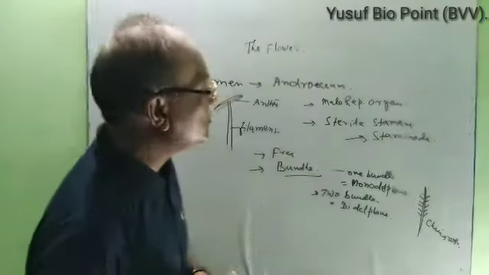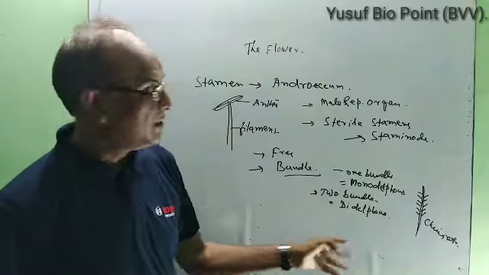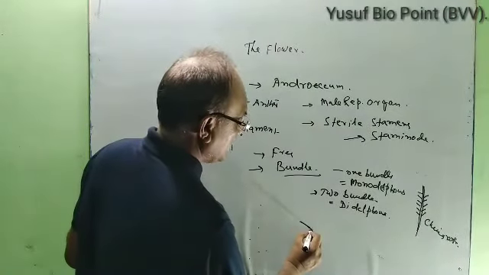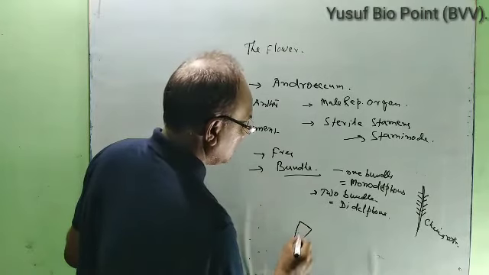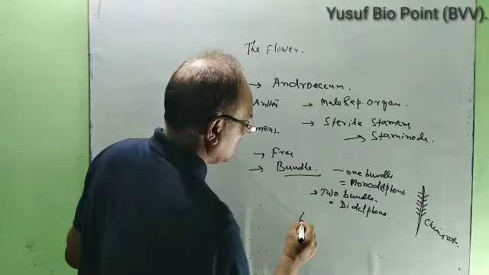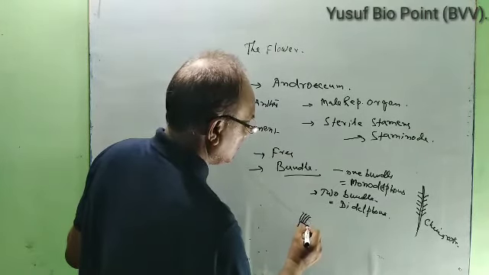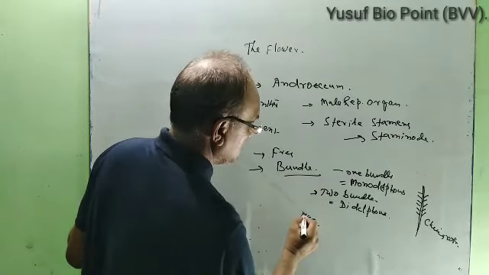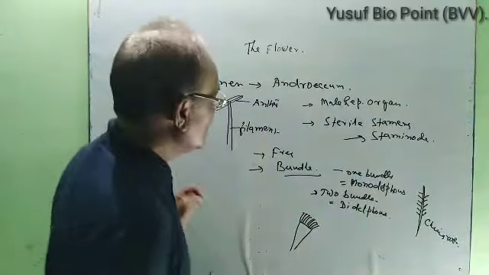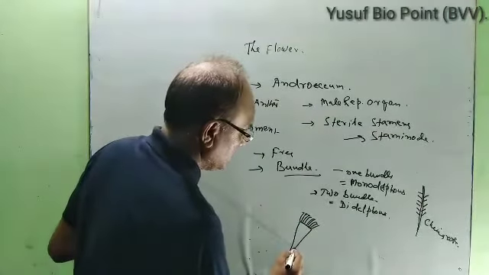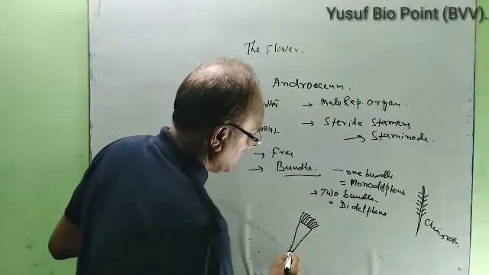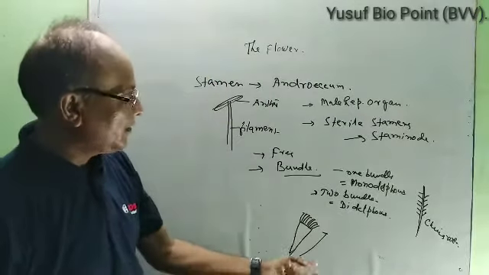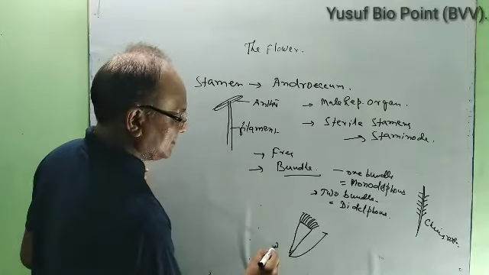Di means two, delphous means गुच्छा, बंडल, दो गुच्छे. जैसे पी में देखोगे, so it is found in the pea plant, that is Pisum sativum.